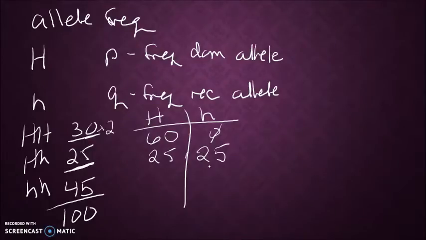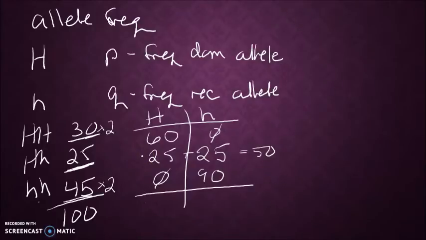But if we add these together at the end here, then we do equal double our number. Lastly, look at our homozygous recessive. We have 45 individuals, so we have no big H's, because they each have 2 little h's. We can multiply by 2, which gives us 90 little h alleles from those individuals.